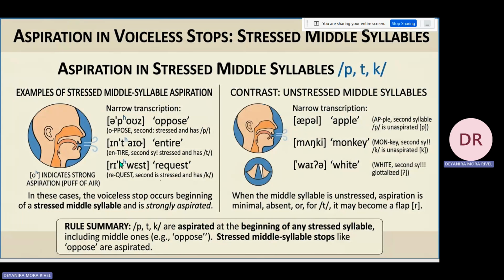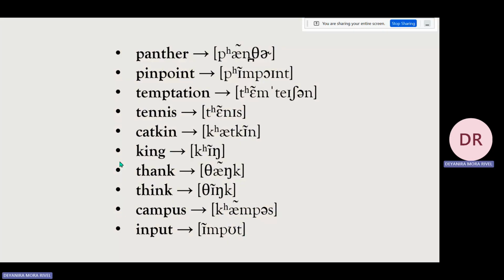Let's see more examples. Here we have several. Panther. Here we have the aspirated P, and then we have the dental N. It moved a little bit, but we're going to see the dental N in the following part of the class.